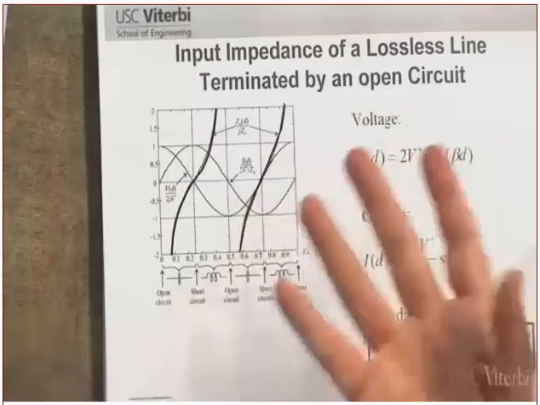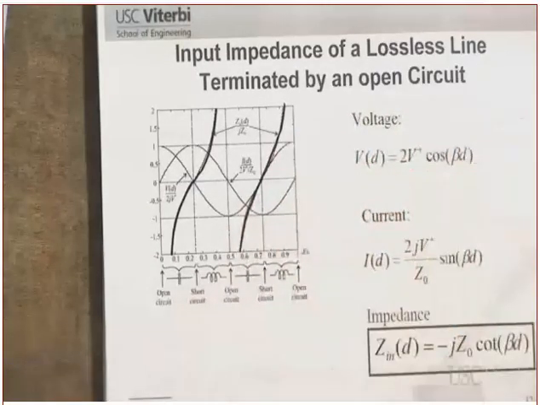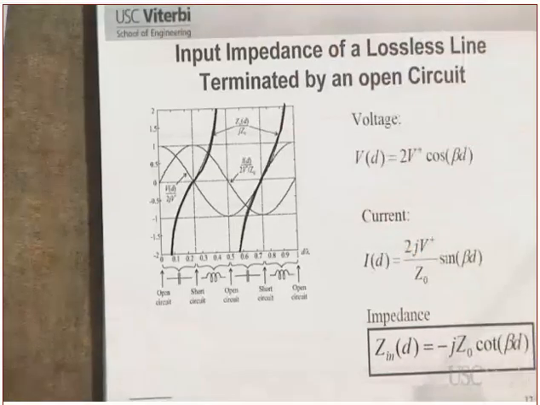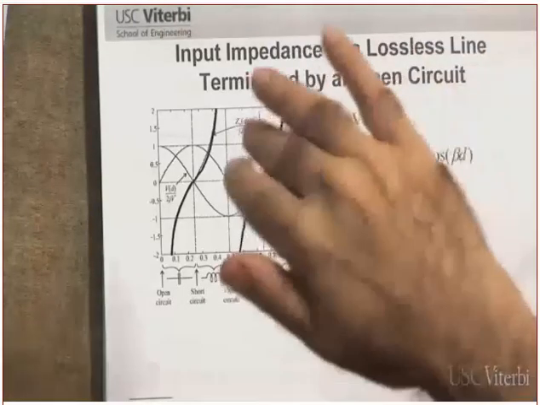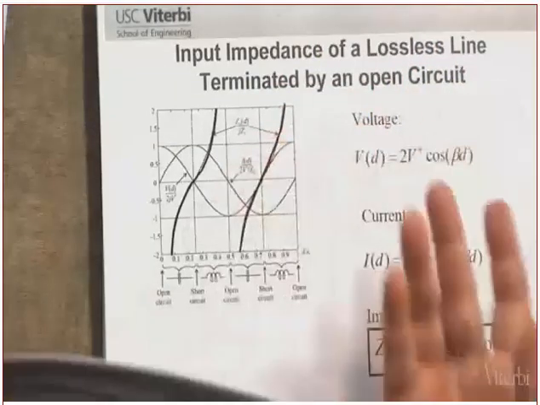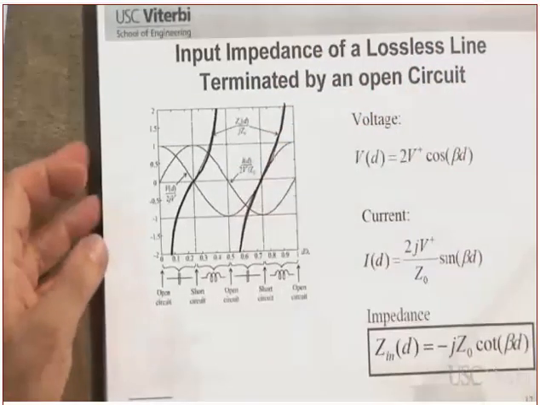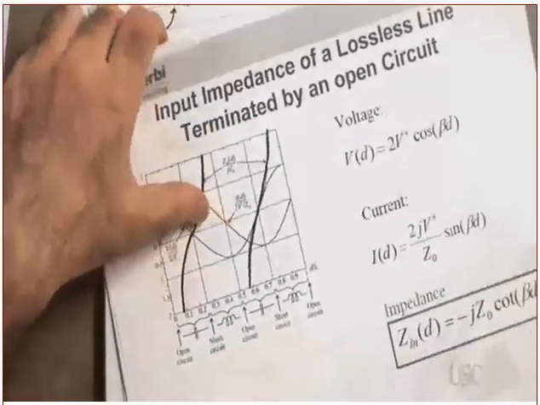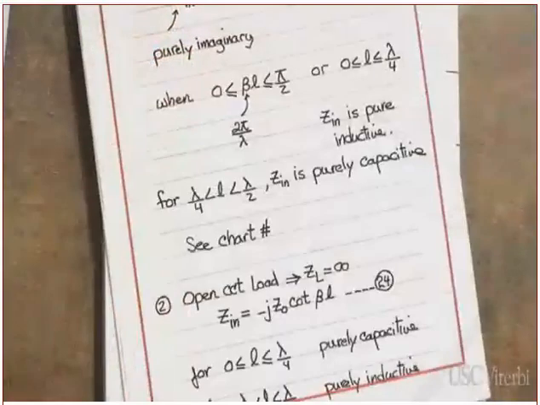Suppose you don't have a given inductor or a given capacitor. Can you use a transmission line? You can use a transmission line with a proper length, and the load is either open or short. You can create an inductor, or you can create a capacitor, from a transmission line. Clear? Okay, good.